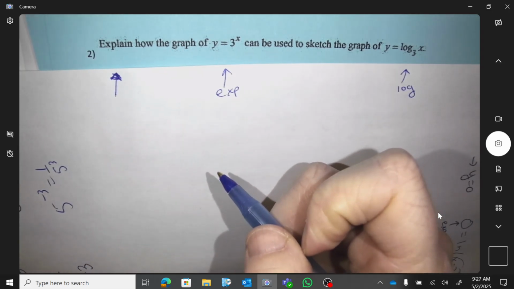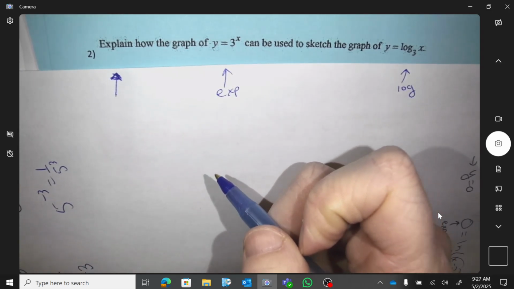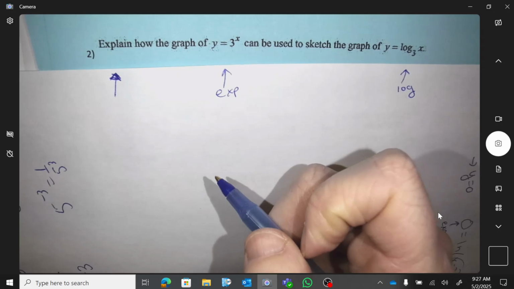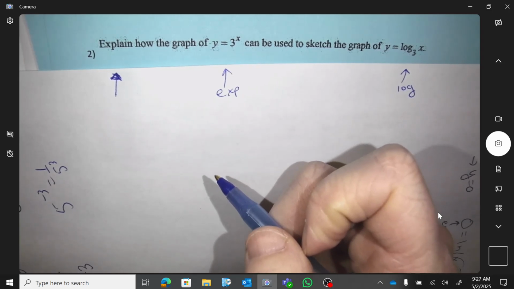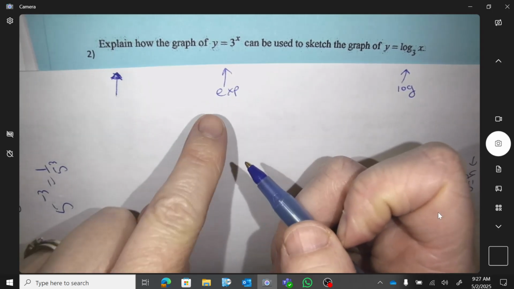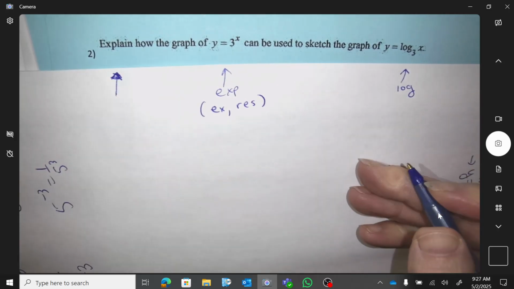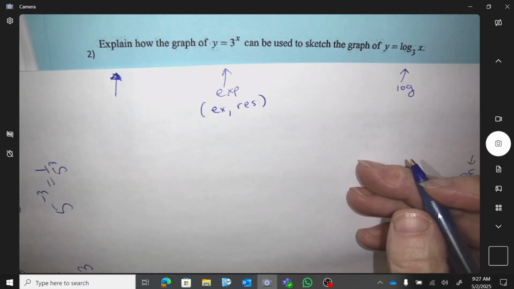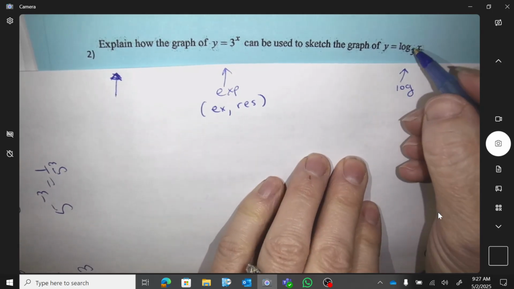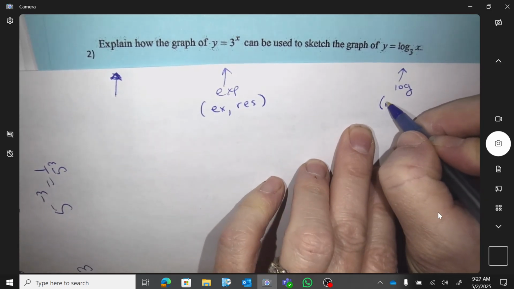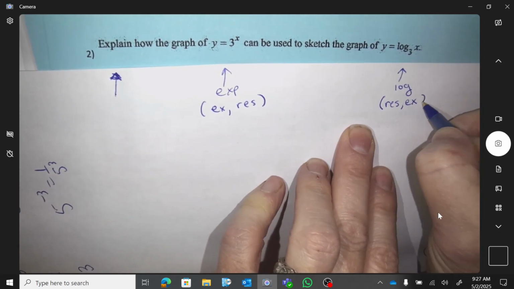Do you notice how they both have the base of 3? So that's in common. This is going to have coordinates that will say exponent, comma, result. And what would the log graph have? Result, comma, exponent.